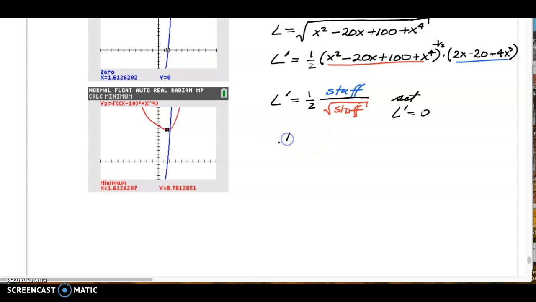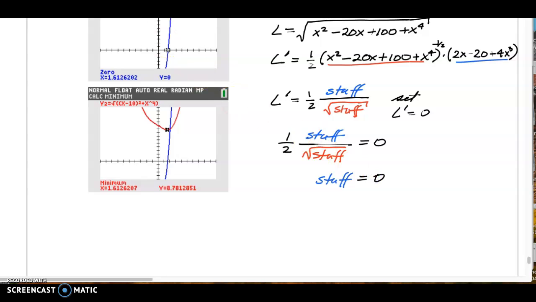So notice what you have. I'll rewrite it. Stuff blue, all over stuff red, is equal to 0. Well, really, all you're going to have is stuff equals 0.